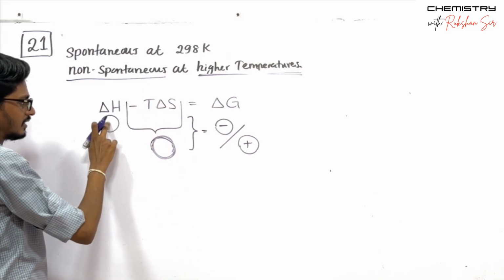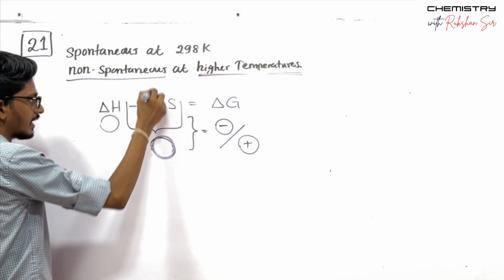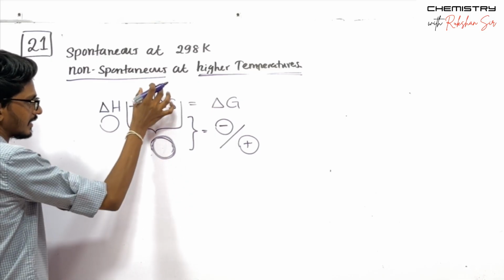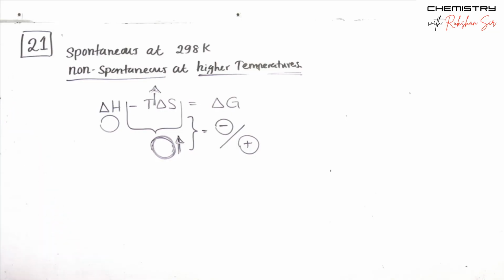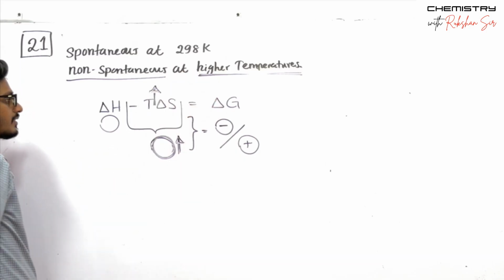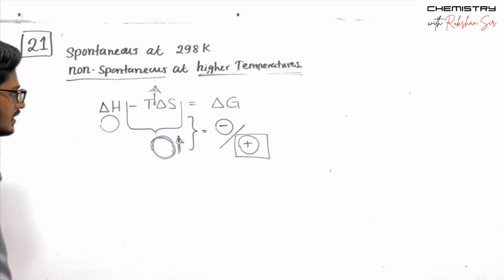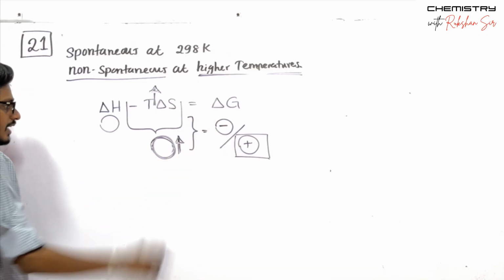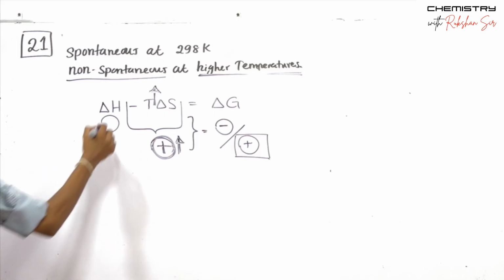Nothing happens to the other term. They are saying that with higher temperatures the reaction will be non-spontaneous. With higher temperatures, the value of this term will be high. That means to have a positive delta G at higher temperatures, this should be positive and then this should be negative.